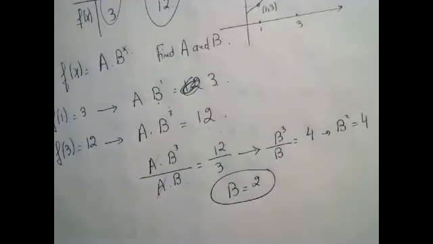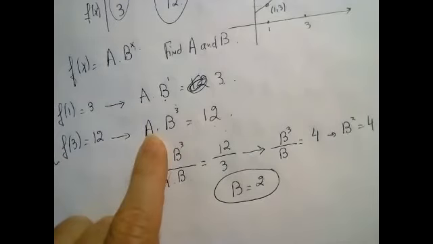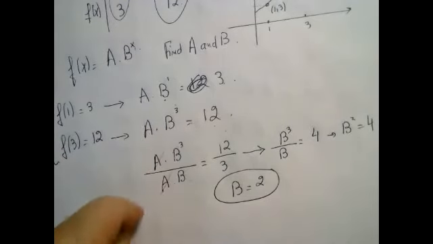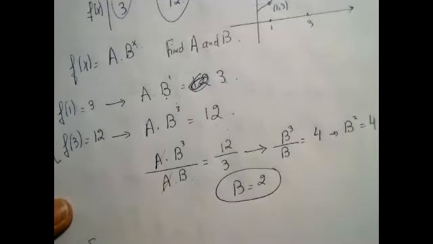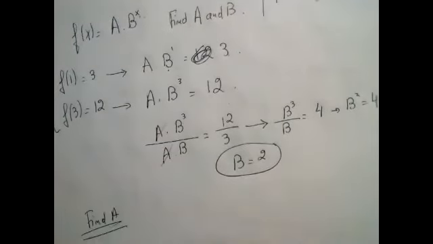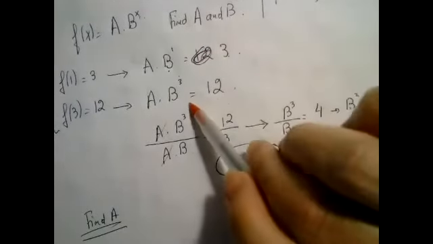All right, so it's a little bit different because in the previous problem, I had the a that I was able to use to get the b. This time I don't have it. That's why I was able to solve for b. Now I still need a. Now we need to find a. Okay. To find a, I have two equations that a and b should satisfy. This one and this one.